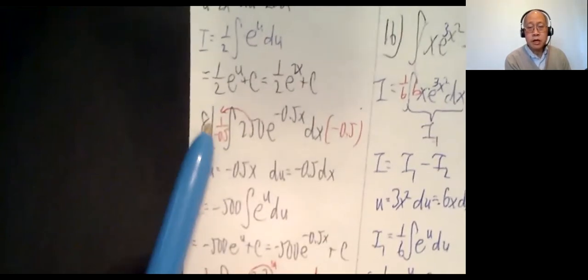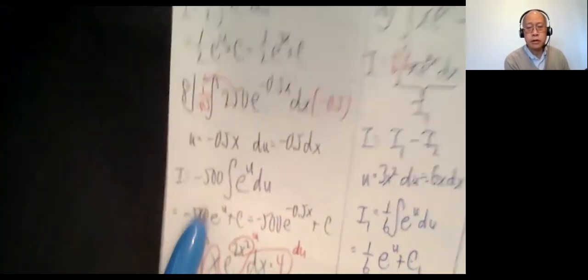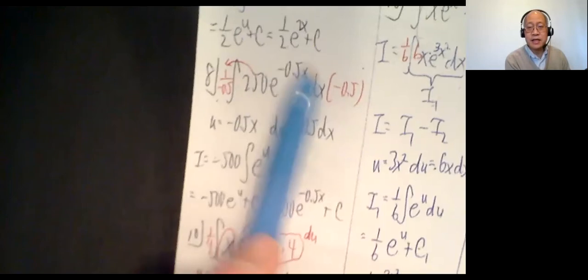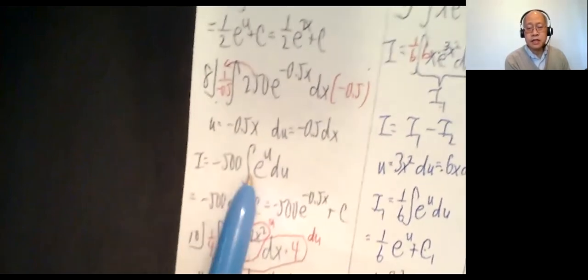Now, 250 times 1 over negative 0.5, you can punch it in your calculator if you want, is negative 500. e to the u, and then negative 0.5 dx is my du.